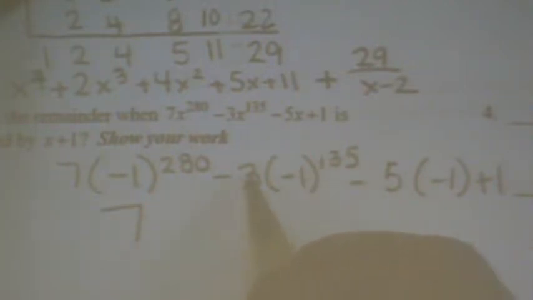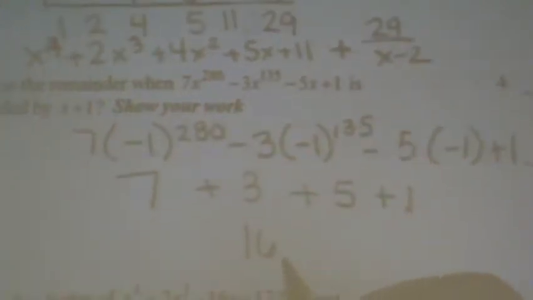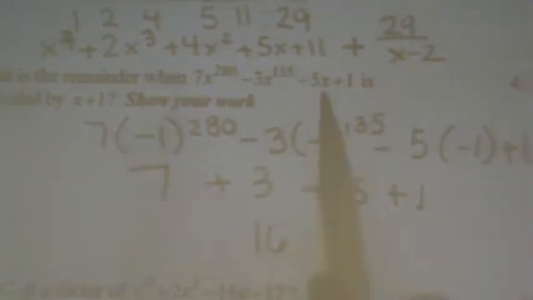This is going to be a negative, but this is going to cancel, so you get +3, and then +5, and then +1. Adding these up, you get 16. So if you would have gotten a 0, you would say yes, this goes into that. But since you got a 16, what is the remainder? The remainder is 16. And if you want to write 16 over x plus 1, that's fine.